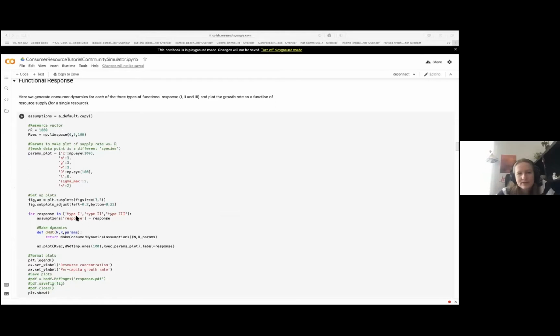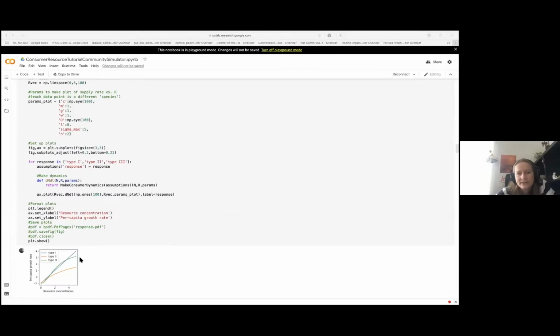Basically for the MacArthur model, they allow for several types of growth curves. And the difference between those growth curves goes as follows. Type 1 is that linear growth that I was showing on my slides, where the growth of the species is defined by the sum of all lambda yields times resource.